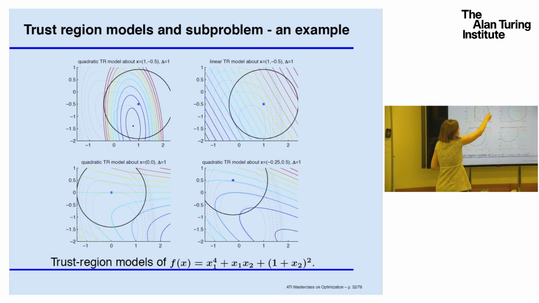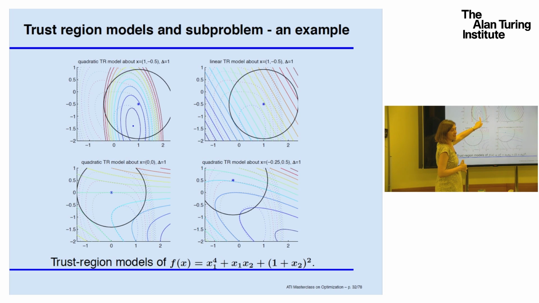And this black thing here is my ball trust region constraint. So now I'm minimizing this quadratic over this ball. Where is the solution? The solution in this particular case is this global minimizer of my quadratic.